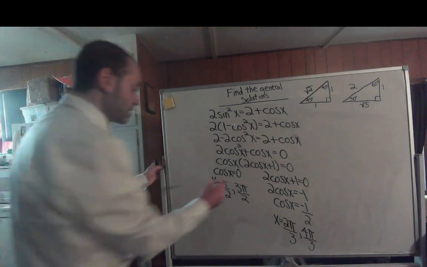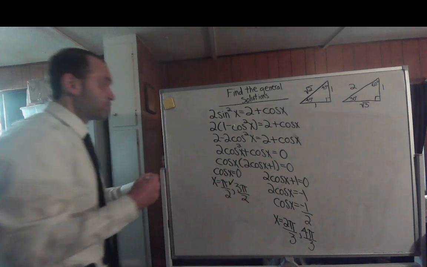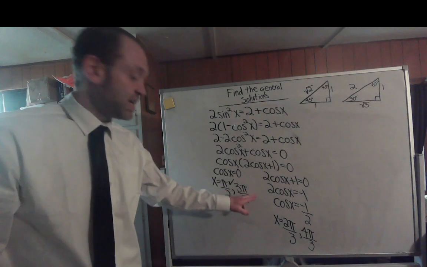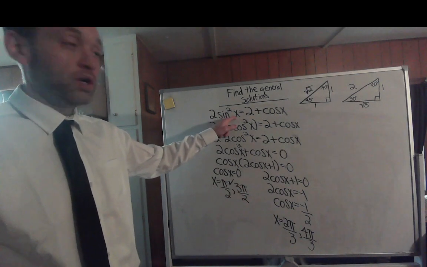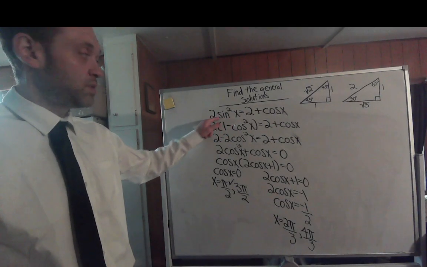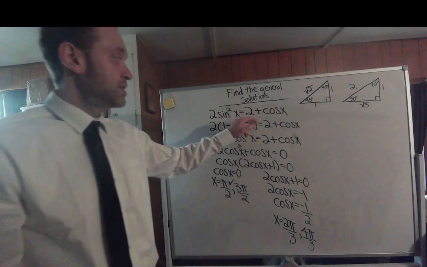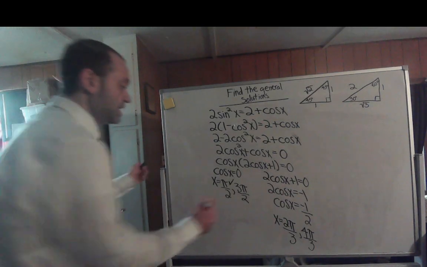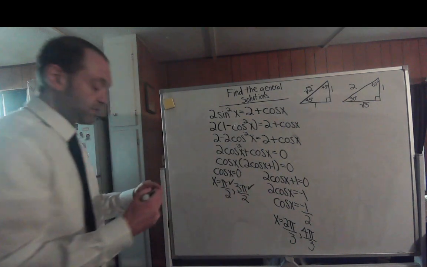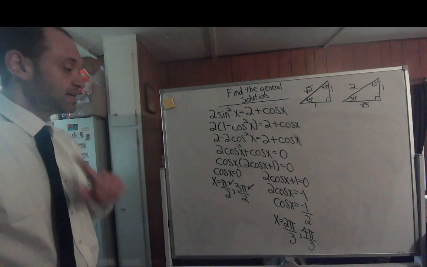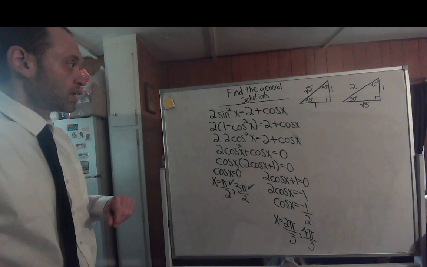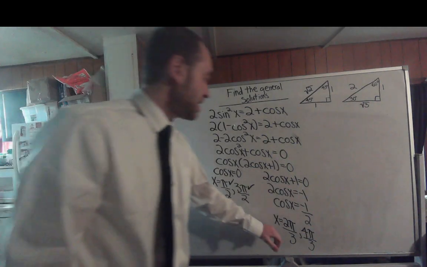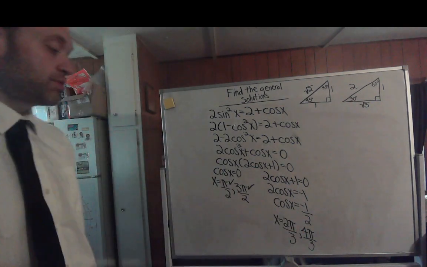That's going to work. And even 3 pi over 2 would work, though the sine of 3 pi over 2 is negative 1. If you square that, you'll get a positive 1 times 2 is 2. That would equal 2 plus 0. So yes, your 3 pi over 2 also works. Now where it gets interesting here is going to be this 2 pi over 3 and 4 pi over 3.